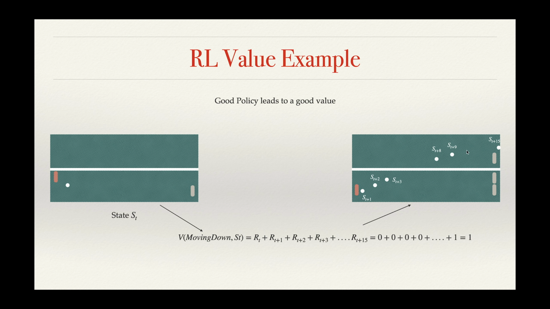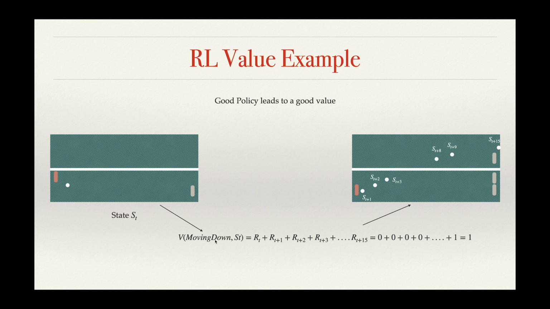For example, after future states, because here, as I said, every millisecond is probably a new state, then at t plus 15, when it scores, it would get at the end a positive +1 reward.